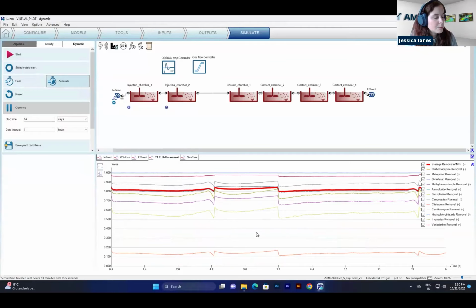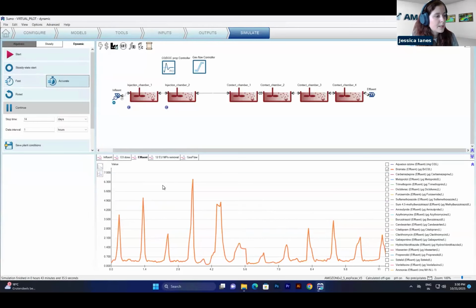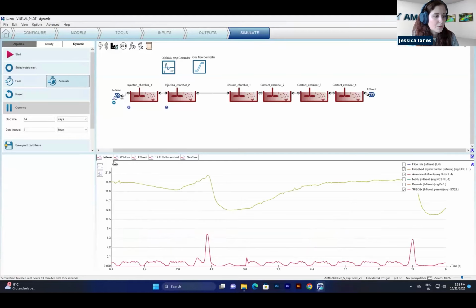That was the rainy period where the scavenging effect of DOC and nitrite was less evident, so there was more removal of the micropollutants. So overall, that's what you can test with the virtual piloting: not only the steady state scenario analysis, but also you can assess the dynamics in your plant, and see what happens specifically with the influent that you have in your case.